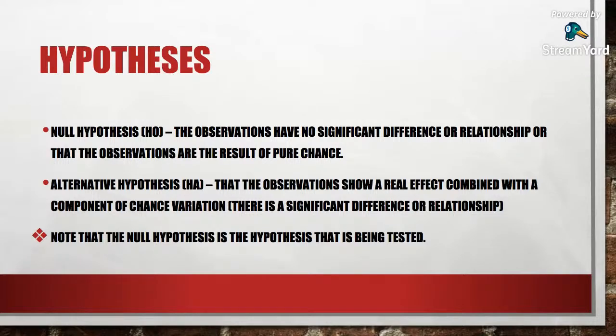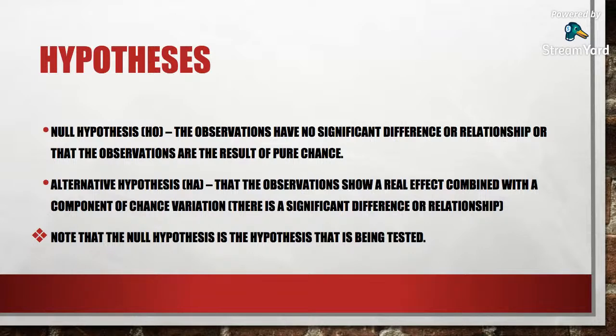We have the null hypothesis, usually denoted as H sub O or HO. The observations have no significant difference or relationship, or the observations are the result of pure chance. Just like what I said, this is the hypothesis that you're going to reject, or that you will fail to reject.